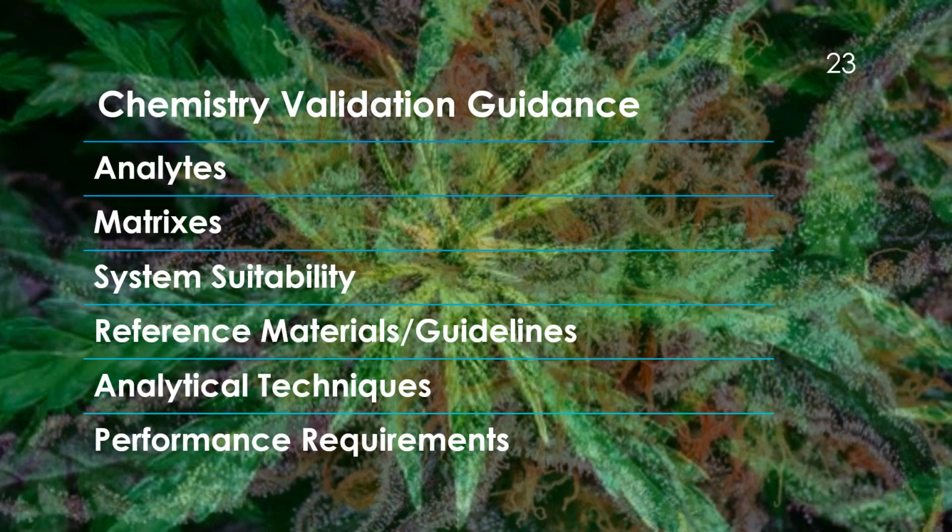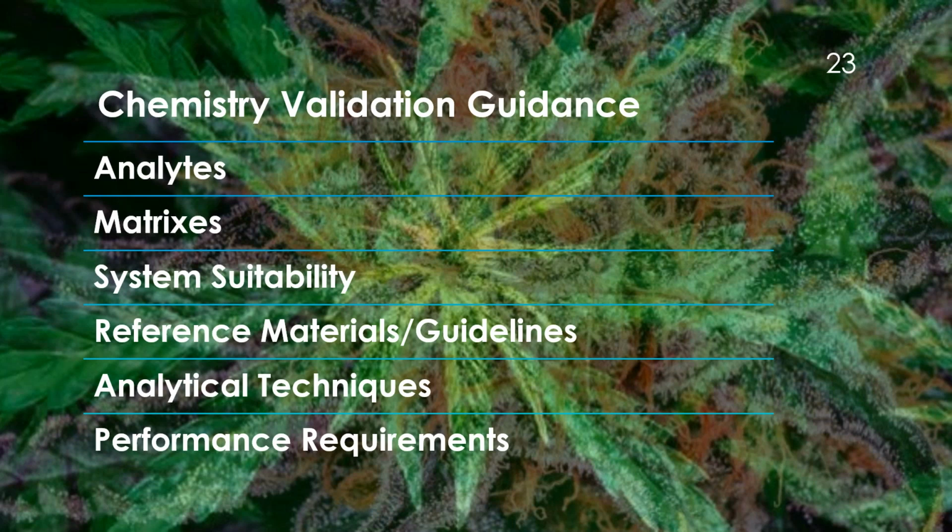What matrices? Sometimes they're very specific: this is for hemp, this is for high THC cannabis, this is for this type of beverage. Others, in the micro community, we actually establish categories. We'll talk about those. What's the system suitability? What controls have to be embedded in the assay to make them appropriate?